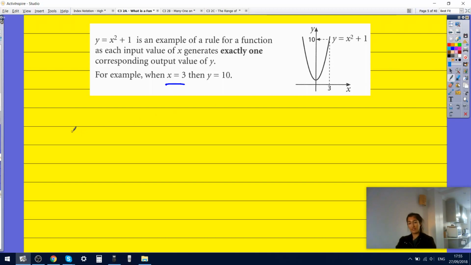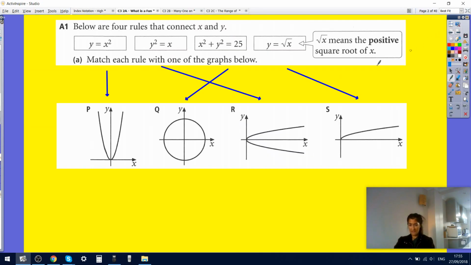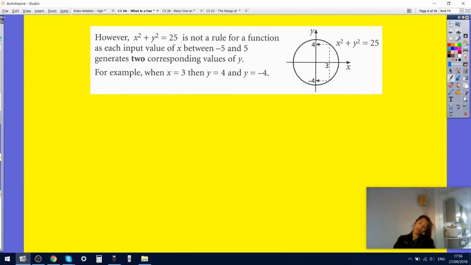So a function has one unique output. A circle, for example, when you put in x equals 3, you'll get two different y values, and so it's not a function.